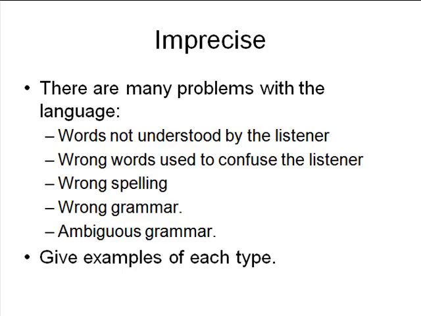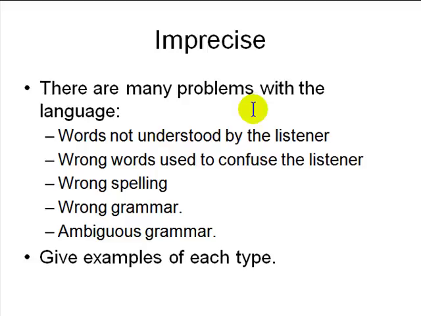And what is imprecise? There are many problems with language. Words are not understood by the listener. If you use big words, you'll confuse the listener. They may actually fill in from the way you speak, but they don't really know what it means. And then you use wrong words. They sound like the word you intend to say, but they're something else. They will confuse the listener. And wrong spelling, that's a strict no-no.